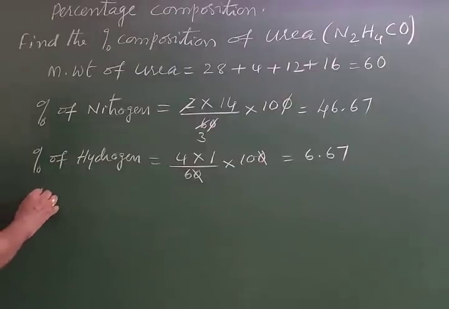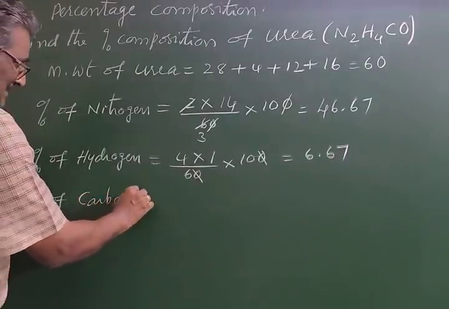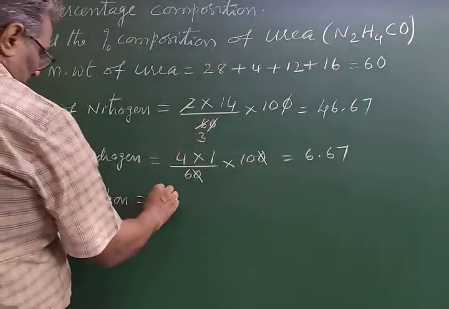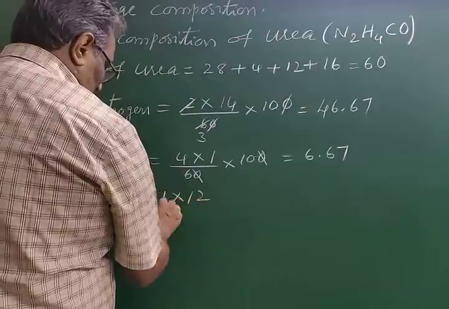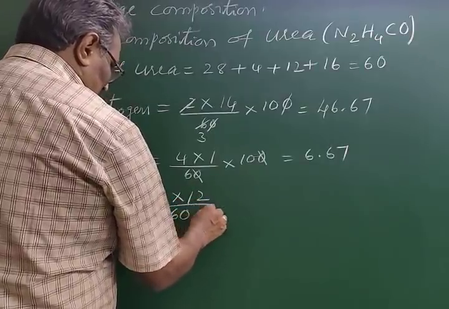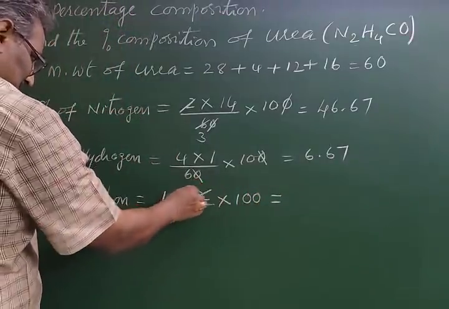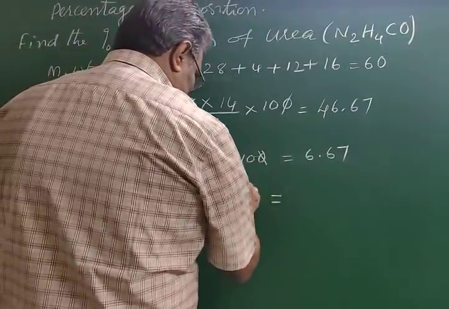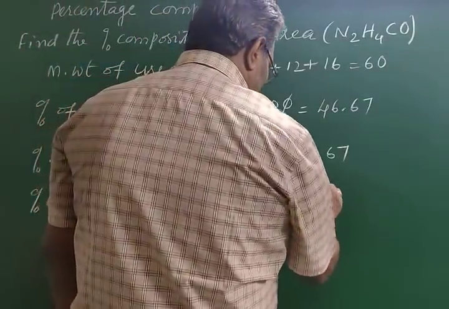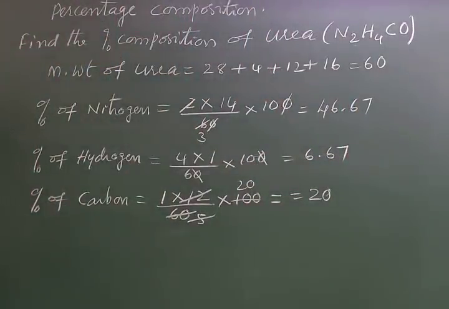Percentage of carbon is equal to number of atoms of carbon 1 into atomic mass of carbon 12 by molecular mass of urea 60 into 100. That is equal to 20%. Okay? 20% of carbon.